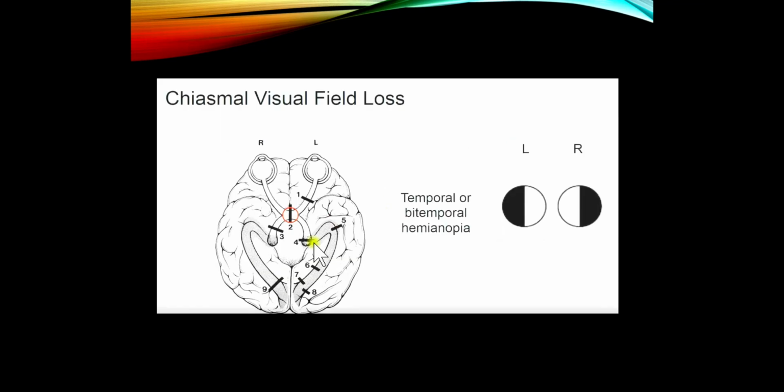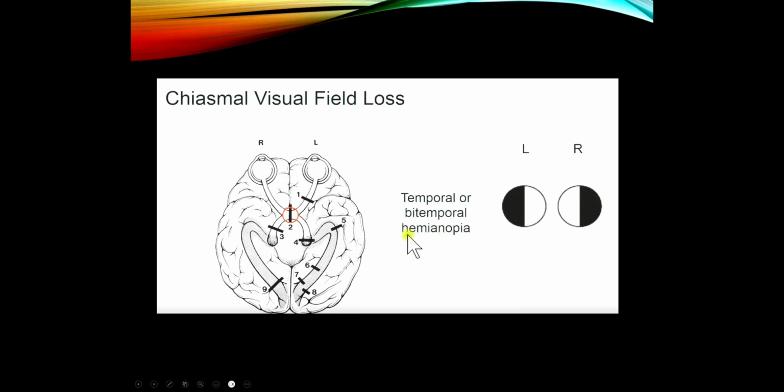Okay, so if we now have that lesion here in the chiasm, like a pituitary tumor, okay, remember that affects the crossing nasal retinal fibers which see the outer visual field, so we call that a temporal, or it's really a bitemporal, both sides, hemianopia.